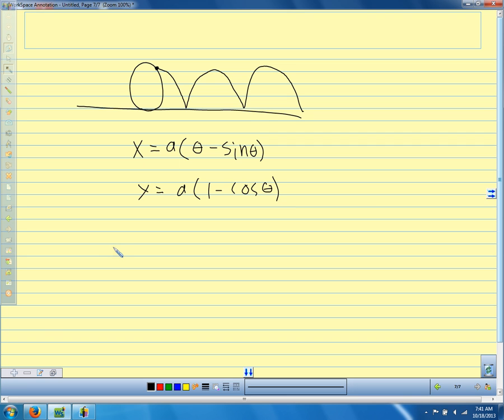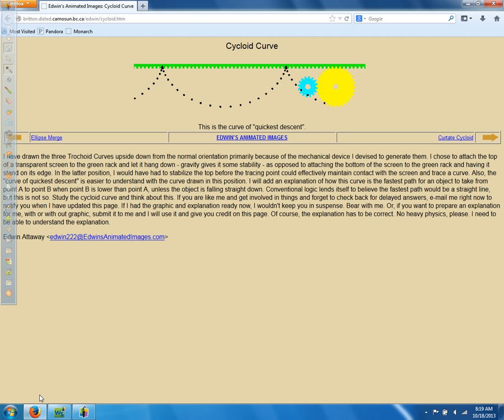So let me show you these animations just because they're fun, of different types of curves that are like cycloids. Where do I have it? Here we go. So there's a cycloid. There's our circle rolling along, and a point on that circle, and the cycloid is the curve that it makes.